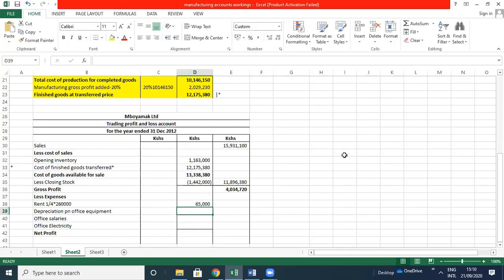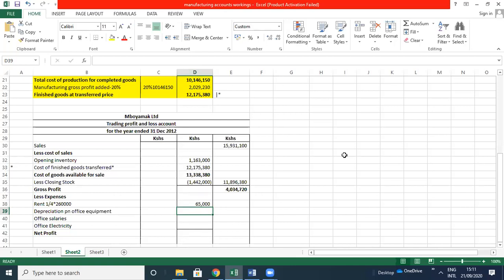Depreciation on office equipment. Did we have depreciation on office equipment? And what is the amount? There was one depreciation on machine, and number two, we have depreciation on equipment.